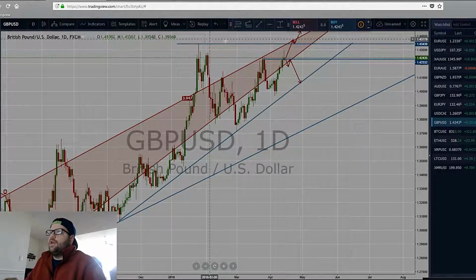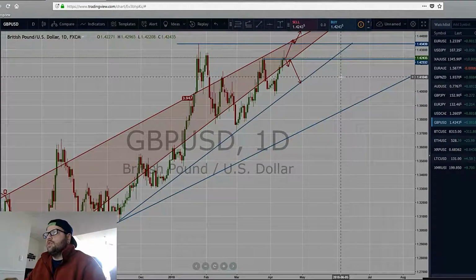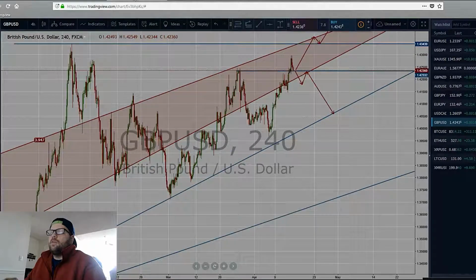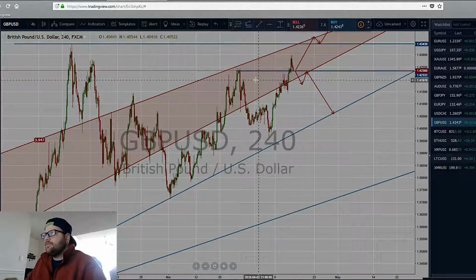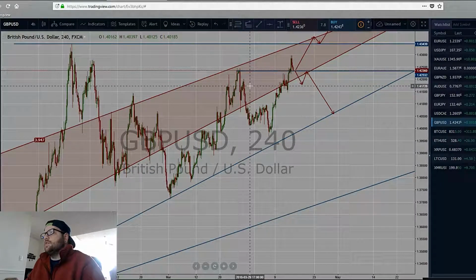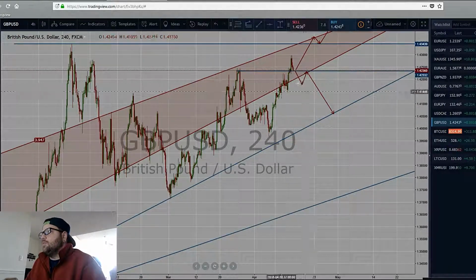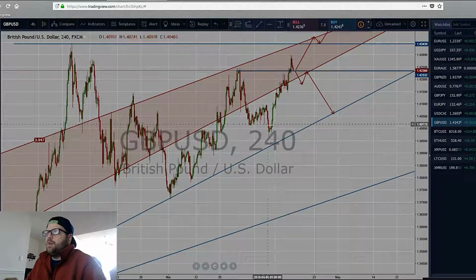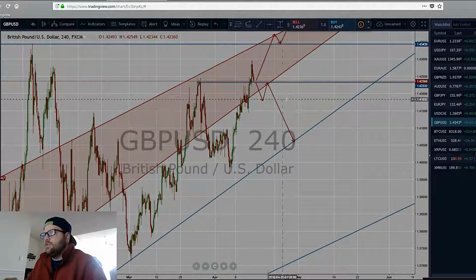But if we do get a break and a retest of previous market structure, I do expect this to continue to go upward. Dropping down to the 4 hour time frame. Another one of these, I don't know if it's just GBP pairs that are doing this, but we have this breakout and then a perfect retest of market structure. So it does look like this is going to continue going bullish.